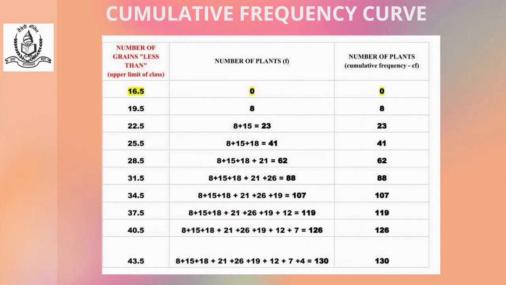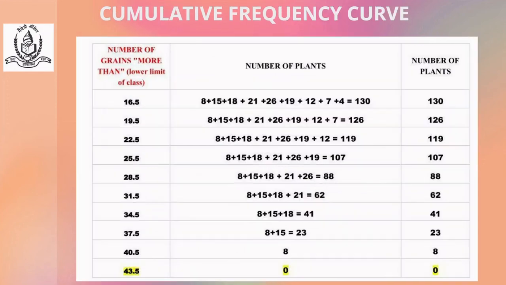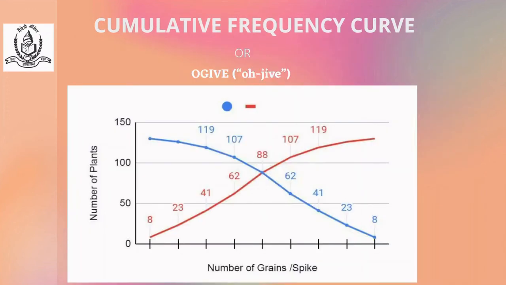One starts from 0 and ends at 130 in the cumulative frequency column, and in the second one, where the more than values are listed, we start with the 130 plants and we end up with 0 in the cumulative frequency column.